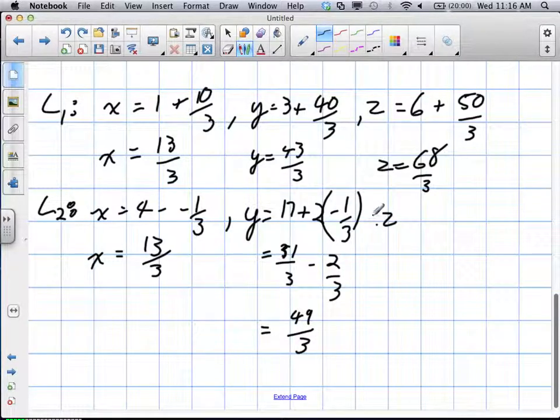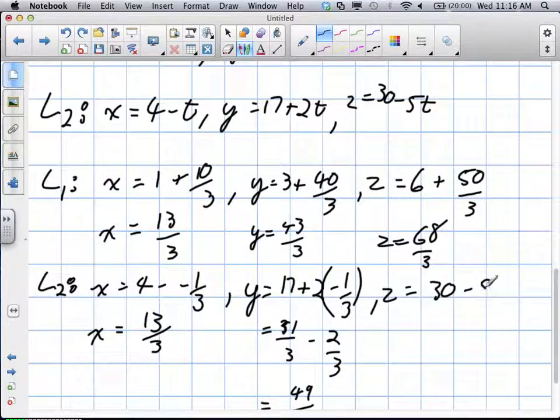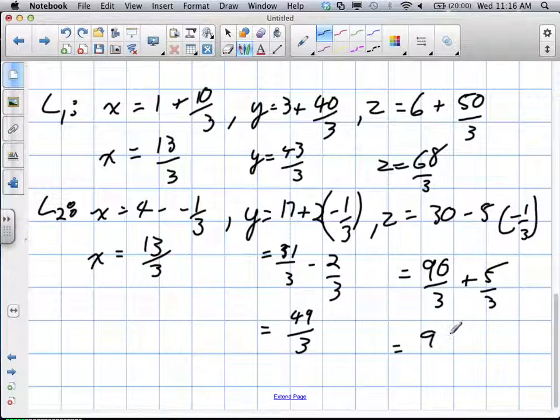And we'll do the z just for consistency's sake. Our z value was... Hey, where is our z value? Oh, there it is. 30 minus 5 times negative a third gives us 90 over 3 plus 5 over 3. It's going to give us 95 over 3.